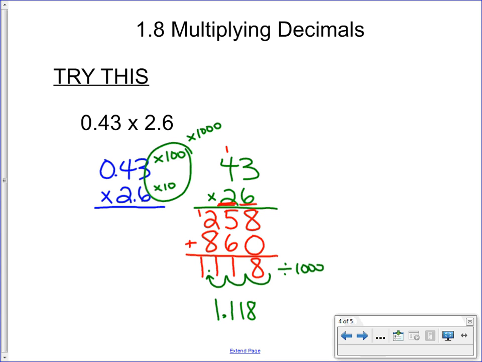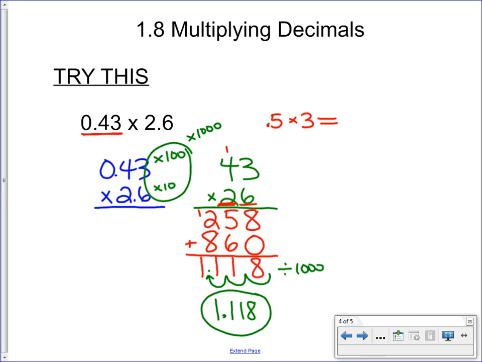If I were to look at the original problem and round, the 0.43, I really don't want to round that down to 0 because that would make our final answer 0, so I'm going to round that to 0.5. And if I round the 2.6 to 3, now if I multiply 0.5 times 3, okay, 0.5 is 1/2.